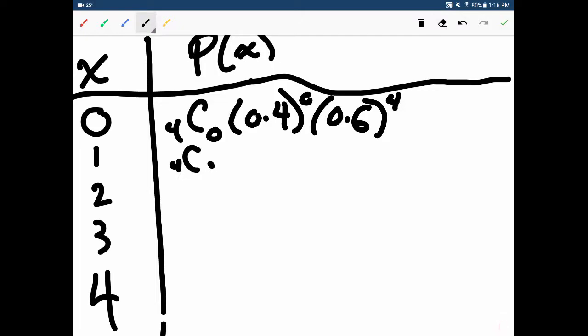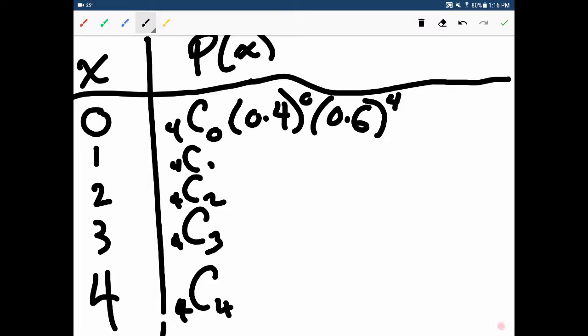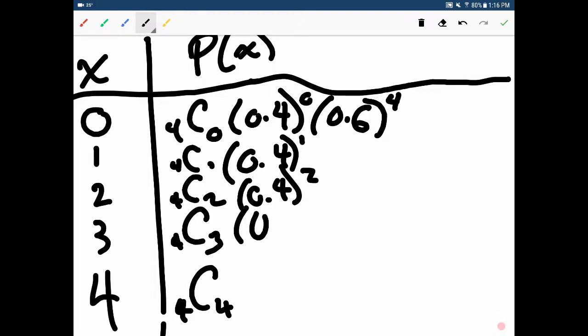So 4 choose 1, 4 choose 2, 4 choose 3, 4 choose 4. We got 0.4 to the 1, 0.4 to the 2, 0.4 to the 3, 0.4 to the 4.